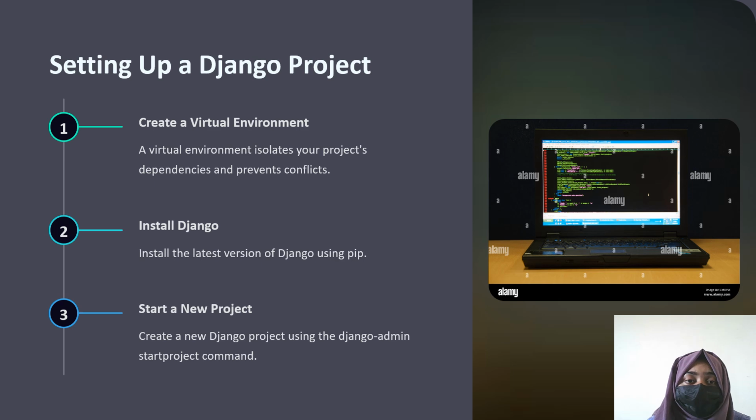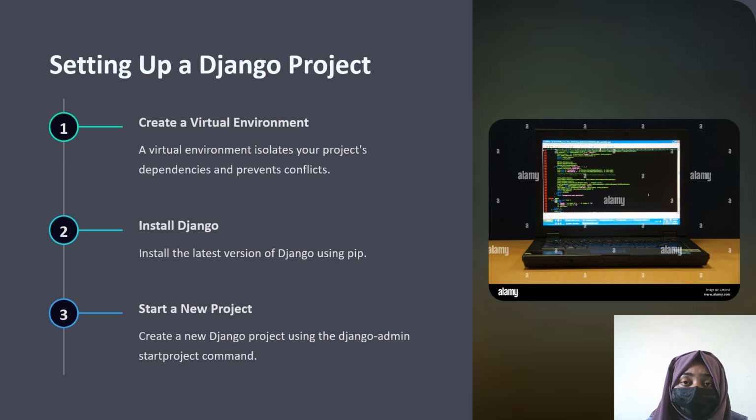Creating a virtual environment isolates your project's dependencies and prevents conflicts, so it will only work on our projects. It gives an isolated environment to the project. Then for the installation of Django, we can install the latest version of Django using pip.